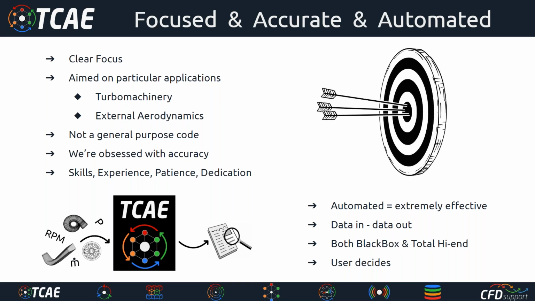It's a focused code on specific applications, and it's very effective on those applications. You can imagine it's a Formula One car, which is definitely not built to ride on mountains, but on the race circuit, it's the best of what you can have. So you can view it with this optics if you like.